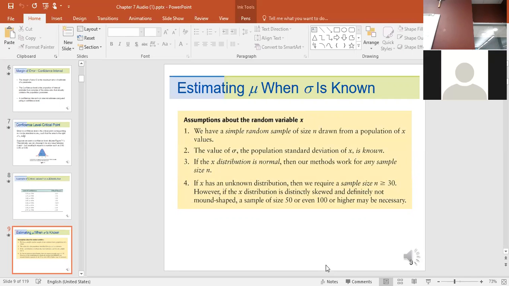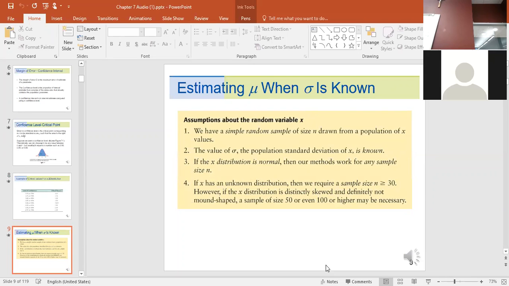If sigma is unknown, we are going to discuss this more on Tuesday. Not that we are done, but I will leave this second part, I just want to mention it now so that you see how connected we are. If sigma is unknown, we will discuss the T distribution on Tuesday.